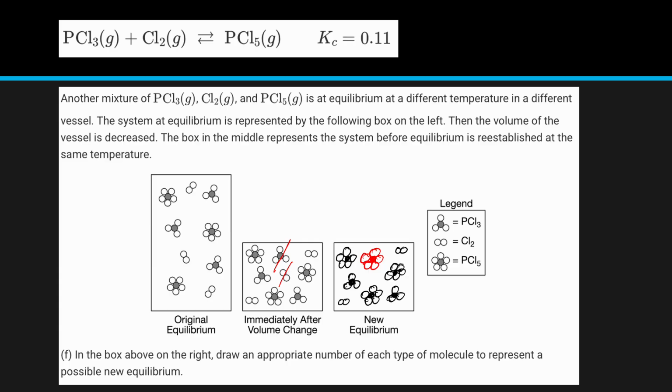So we can see that we took out 2 of our reactant species, 1 PCl3 and 1 Cl2, and we used those 2 in order to make 1 PCl5, which reduced the number of particles in the vessel, which is going to reduce the number of collisions and therefore reduce the pressure.